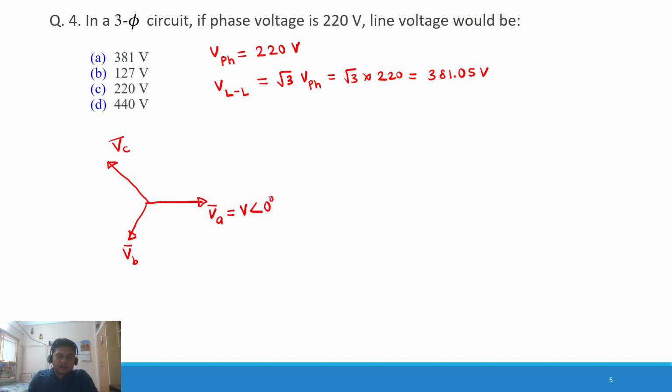If we want to calculate the line to line voltage, we know that VAB, VBC or VCA are line to line voltages.